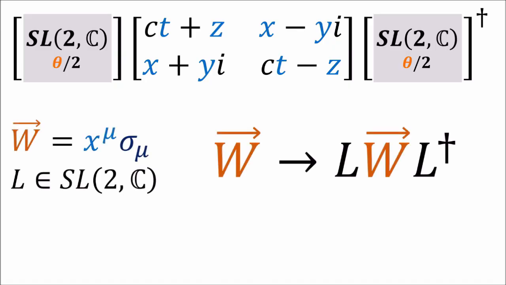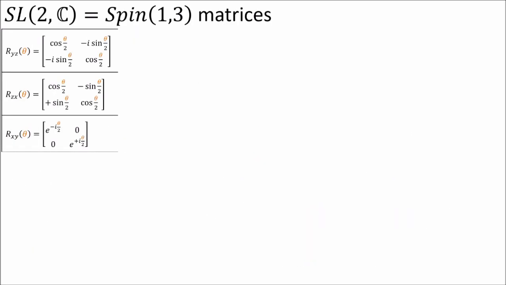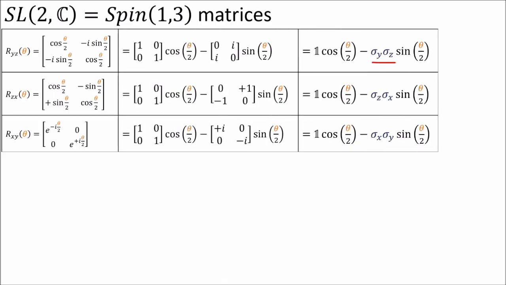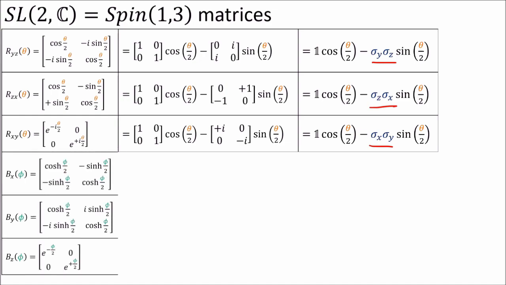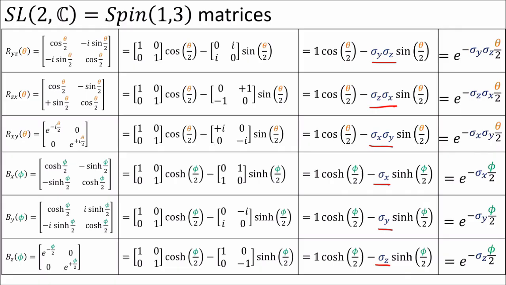SL2C matrices are often denoted with L, and they are also called Spin(1,3) matrices since they are the double cover of the Lorentz group SO+(1,3). These spin matrices can be written using trig functions along with pairs of sigmas for the rotations and individual sigmas for the boosts. We can write these matrices even more compactly as exponentials, replacing the trig functions using Euler's formula.